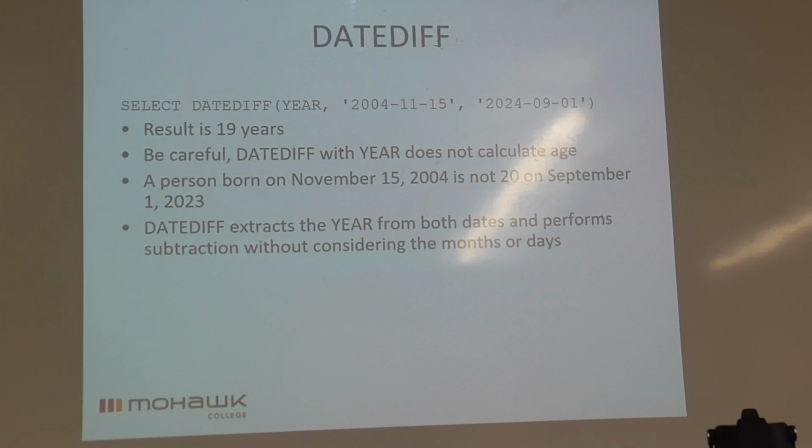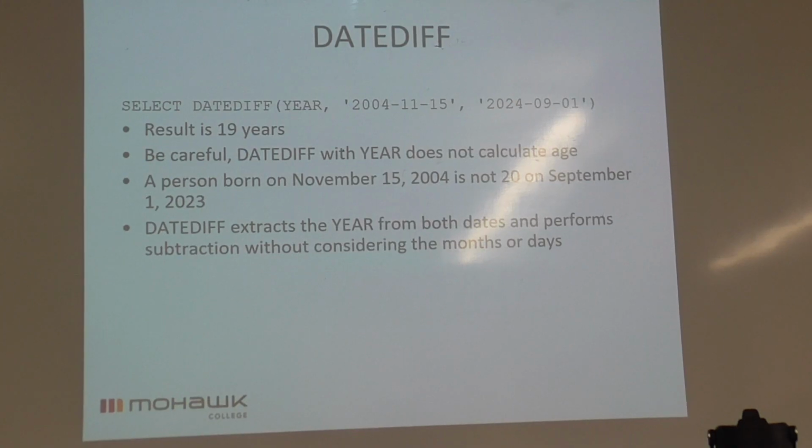So for example, going from 2004 to 2024, the result is 20 years, but a person born November 15th, 2004 is not 20 on September 1st, 2024, right?